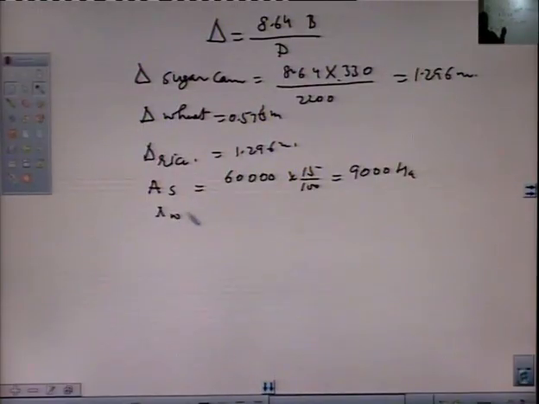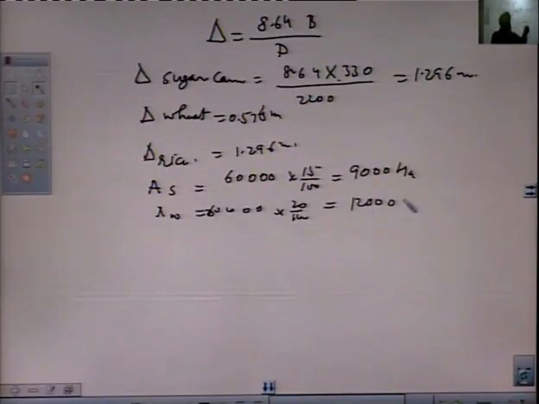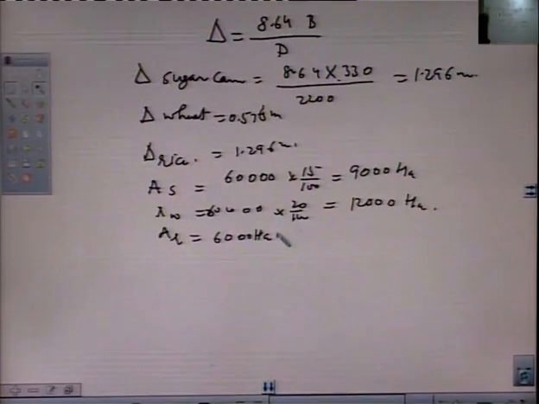Area under wheat is 20%, so it is equal to 12,000 hectares. For rice, the area is 6,000 hectares. The quantity of water required for different crops can be worked out as follows.